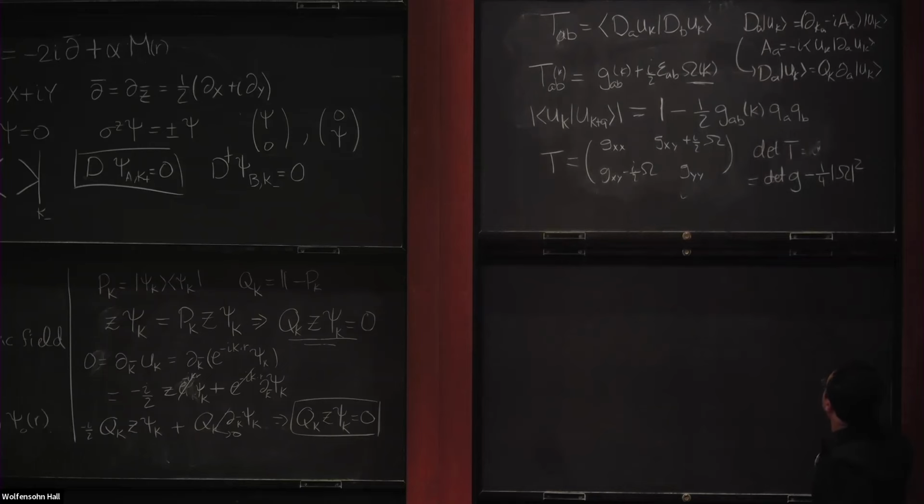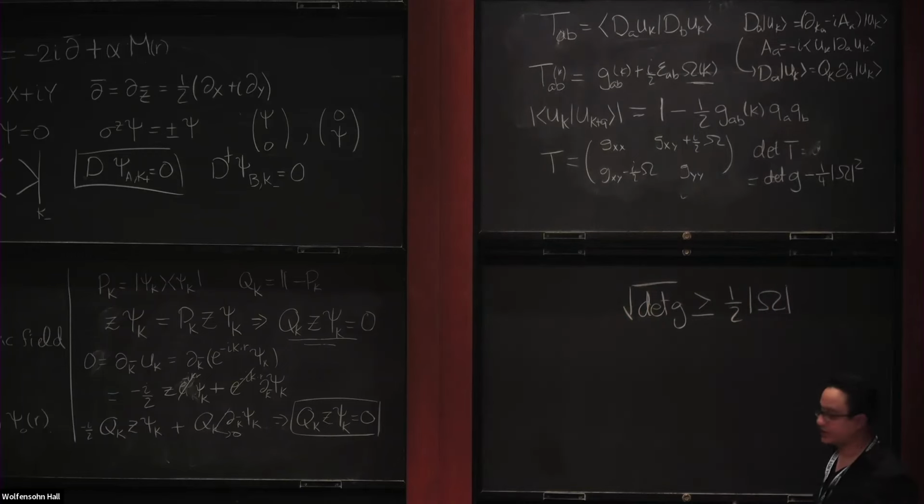So this gives me immediately an inequality that relates the determinant of the metric to the Berry curvature. It tells me that the square root of the determinant of the metric has to be larger than or equal to 1/2 the absolute value of the Berry curvature. And this relation should hold for every momentum.